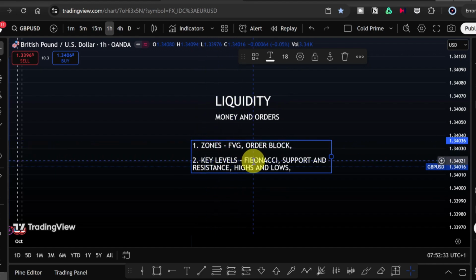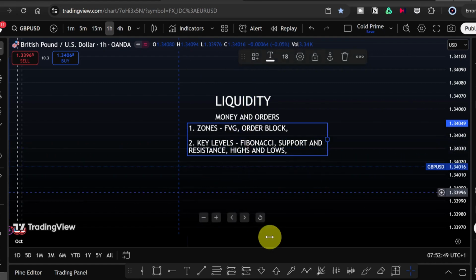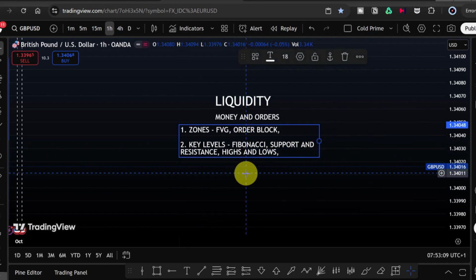Now, these key levels are Fibonacci, support and resistance, highs and lows. We have zones as well. Zones are fair value gaps, order blocks, supply, demand, or whatever. And these things create patterns in the market. They create chart patterns. Market moves from liquidity to liquidity.